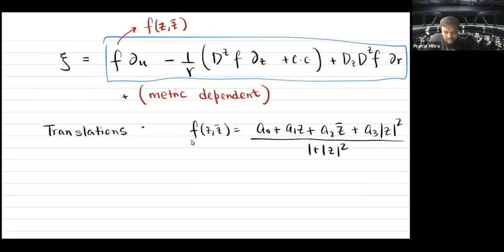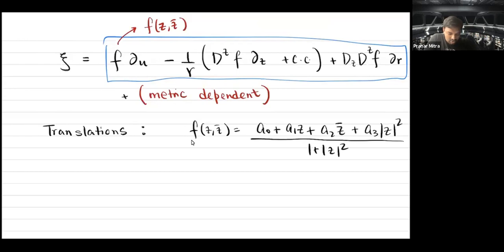So this is standard translations. But it turns out that you can have an infinite dimensional generalization of these standard translations, where F can be any function. And this super has nothing to do with supersymmetry. This was worked out before supersymmetry ever existed.